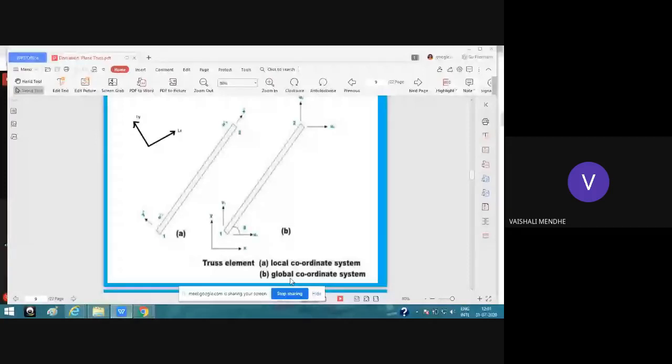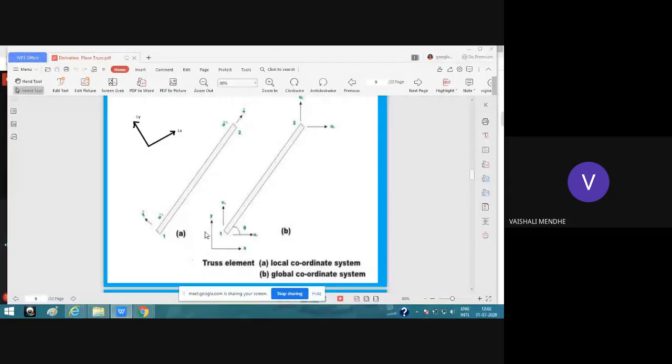That's why we are using these 2 coordinate systems for the analysis of the structure. Using the various matrices, we can transfer the displacement or the force from local to global or global to local. So that's why you should know the meaning of the local coordinate system and the global coordinate system.